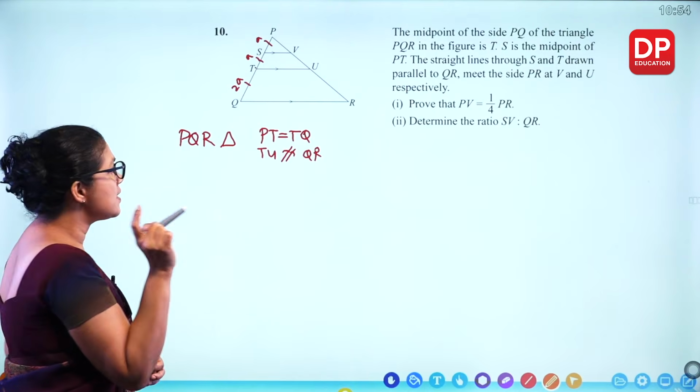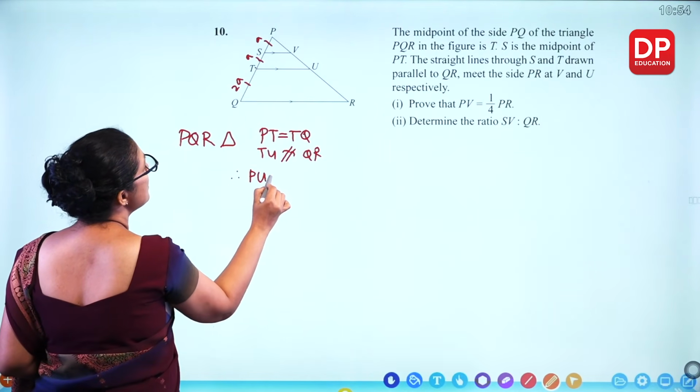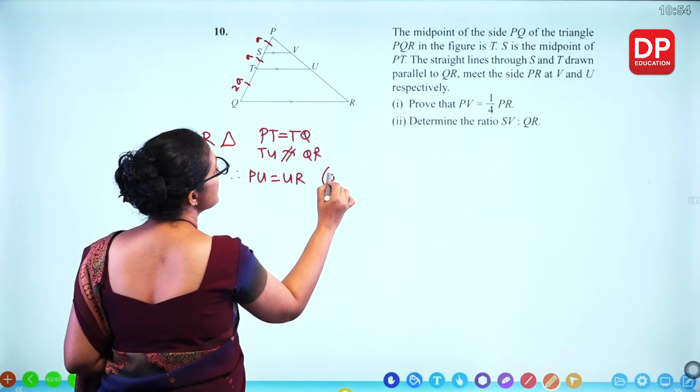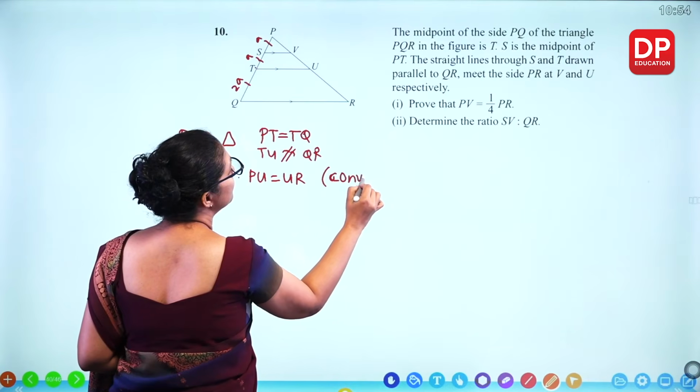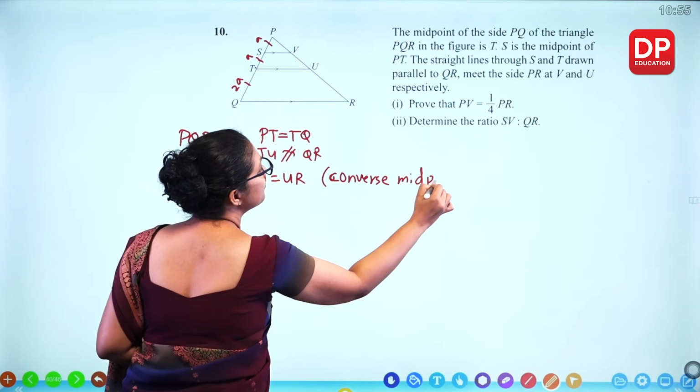According to the converse midpoint theorem, we can say PU is equal to UR.